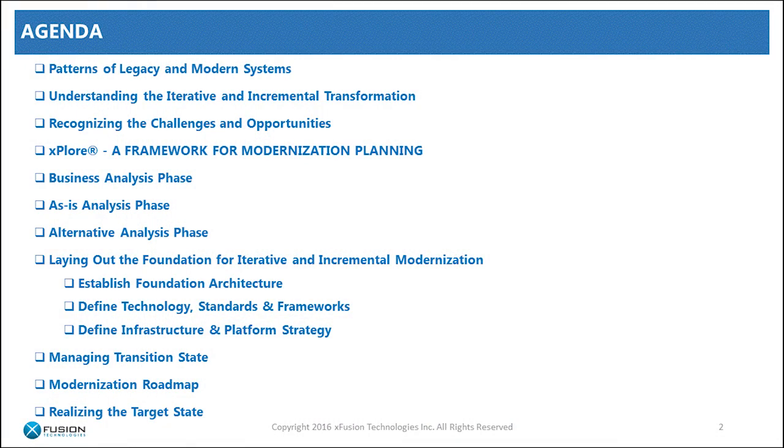So we will start by talking about the aspects of the legacy system and what the modern systems are, and then the fundamentals of agile modernization. Then we'll discuss the xPlore framework, which is the end-to-end agile modernization planning phase framework that combines the stage gate model with service-oriented architecture.